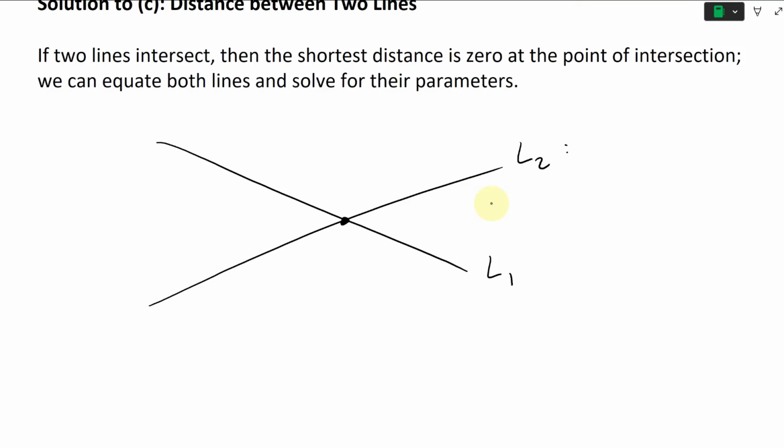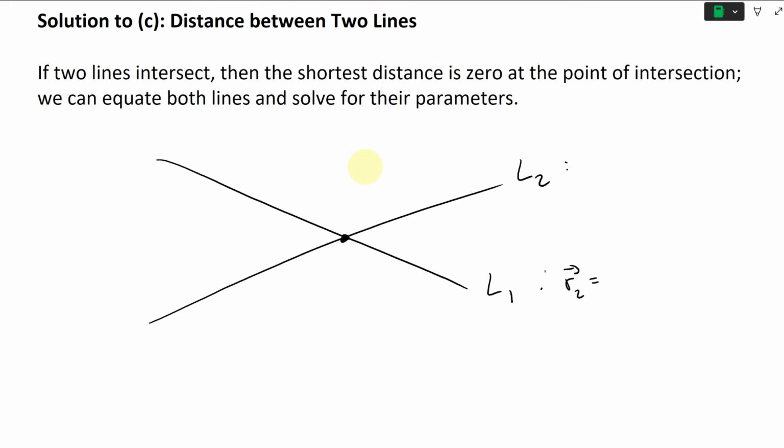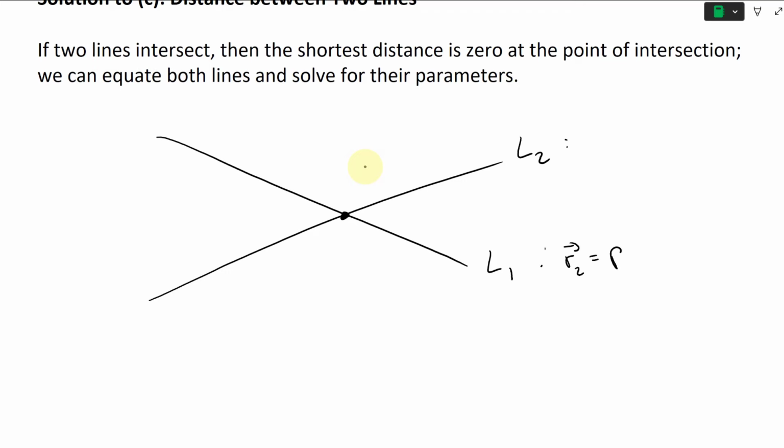So let's say the equation for L1 is R1 equals P1 vector plus t times the direction vector V1.